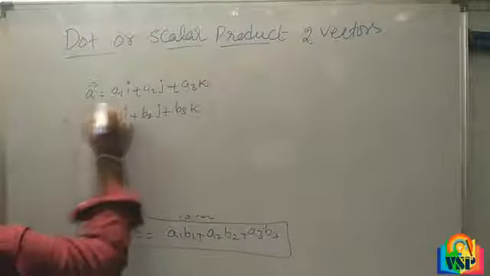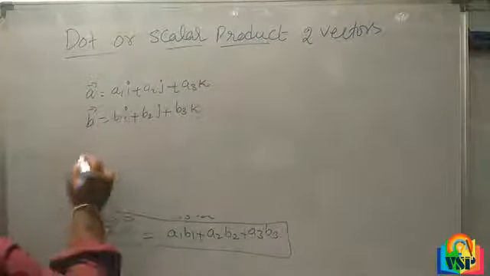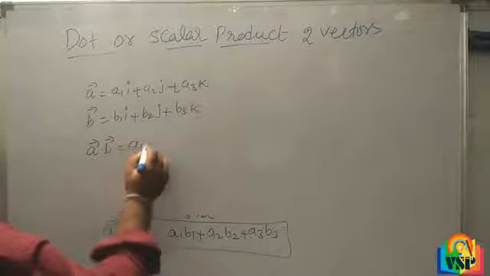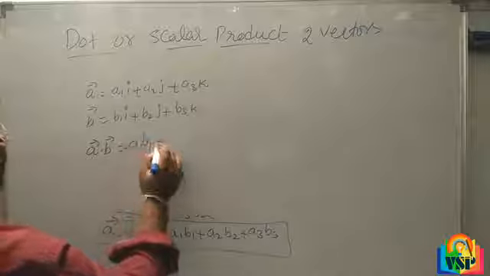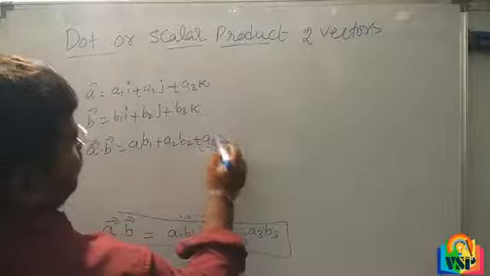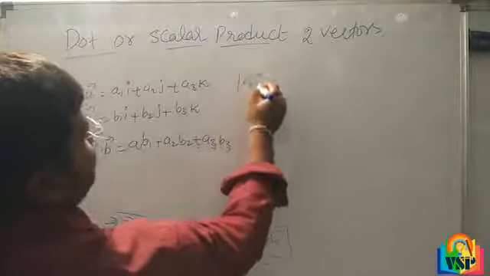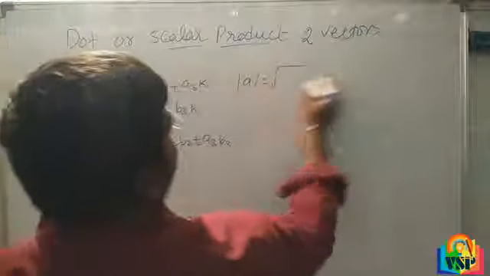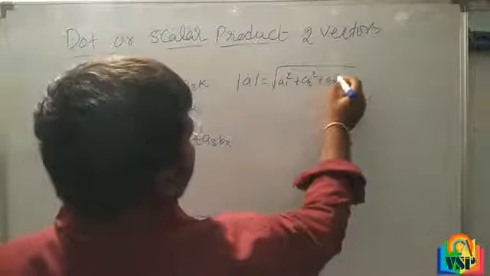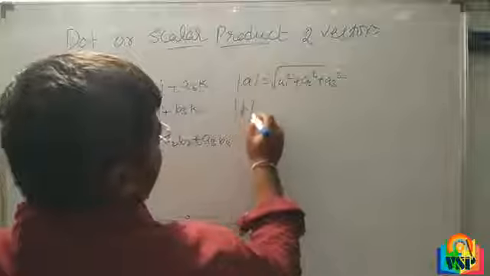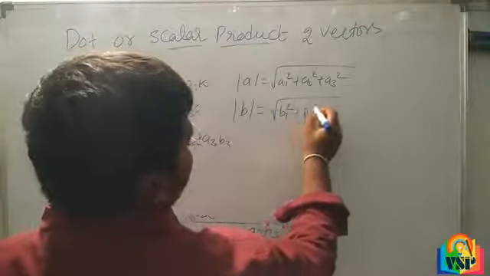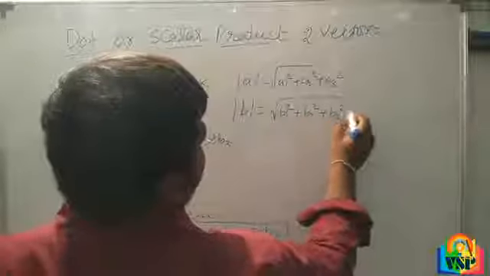Okay, finally A is equal to something, B is equal to something like that. A bar dot B bar is equal to A1 B1 plus A2 B2 plus A3 B3. Before that, we know the modulus of A is equal to root of A1 square plus A2 square plus A3 square, and modulus of B is root of B1 square plus B2 square plus B3 square.